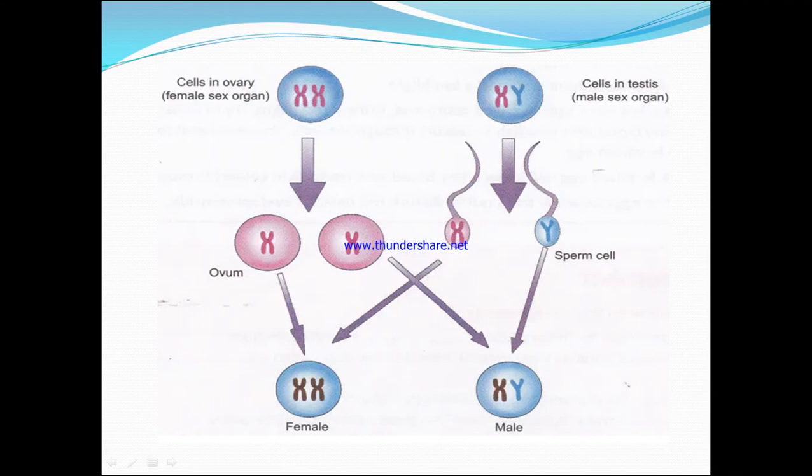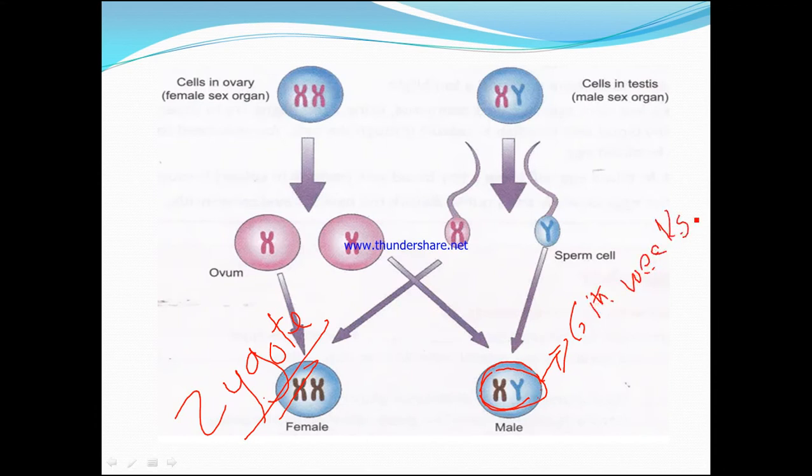But how come? What is the effect of the Y-carrying sperm on the offspring? After fertilization, if the zygote has X and Y, then 6 weeks after pregnancy this Y chromosome gives the order to form a hormone.